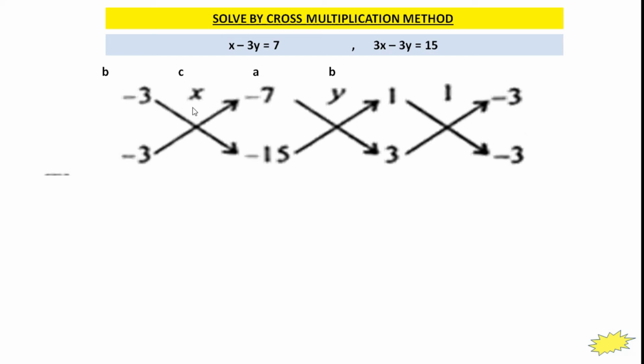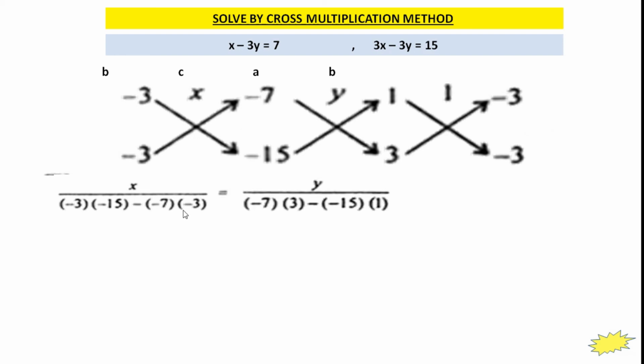In between the first cross, we write x. In between the second cross, we write y. In between the third cross, we always write 1, no matter what it is. x and y are the two variables in which the pair of linear equations was given to us. After that, this is how we write the ratio. x upon, cross multiplication, as the name suggests, minus 3 into minus 15, subtraction sign, minus 3 into minus 7.